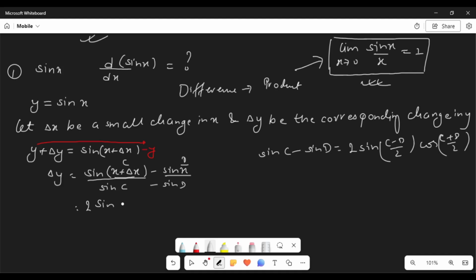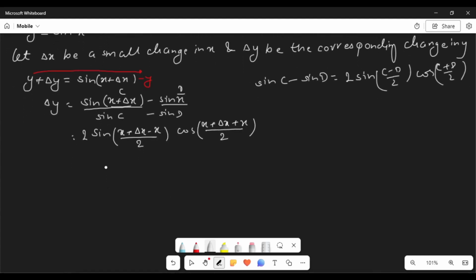So c minus d will be x plus del x minus x divided by 2. And here it will be cos c plus d. Our c is x plus del x plus d is plus x. So we manipulate del y earlier so that it will be easy when you replace in first principle.